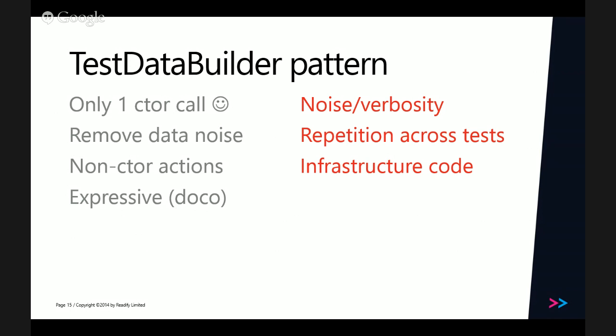So some of the disadvantages, there's some noise and verbosity. So like the new member builder, you know, it's just not quite as nice. There is definitely repetition across tests where you have objects that are created very similarly. So for instance, say that a minimum age of 18 is a standard thing in your system because you've got some sort of age restriction rule or something like that.